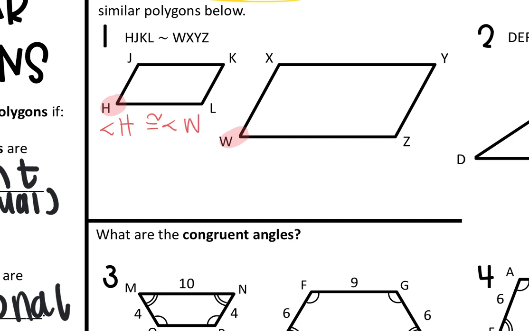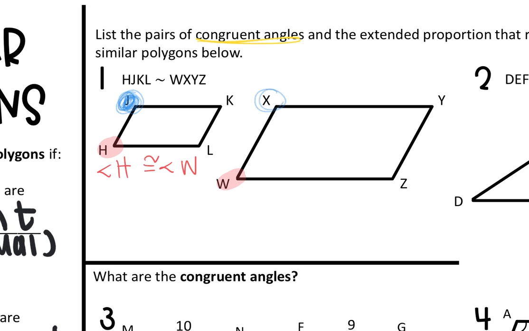All right, let's do the next one. Well, J is similar to X, or it's corresponding. They're congruent. Okay, so I'm going to say here that, let me grab my pen. Angle J is congruent to angle X, okay?